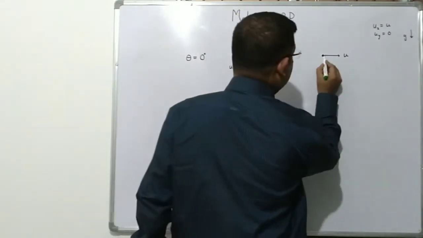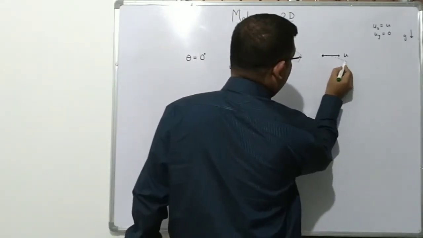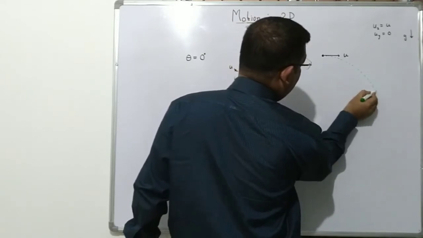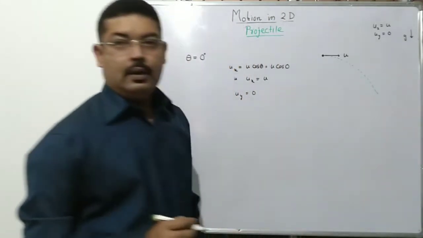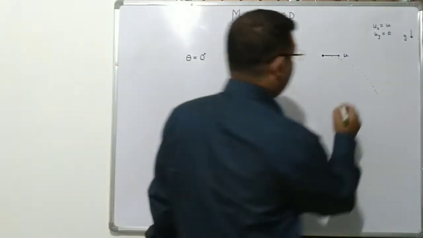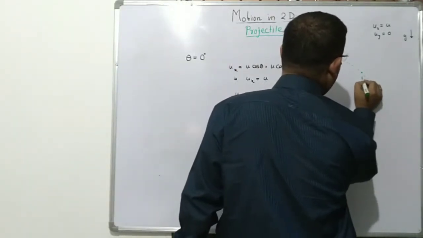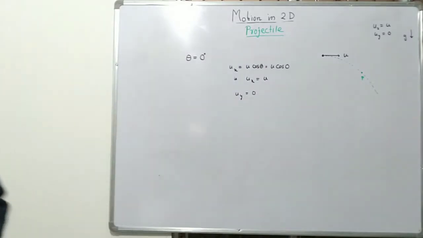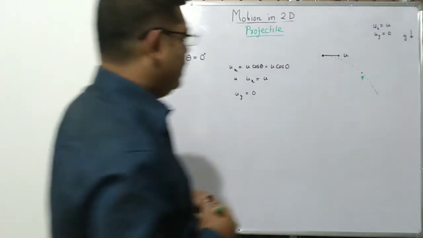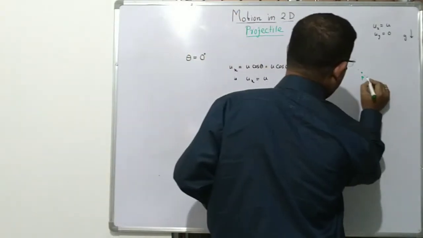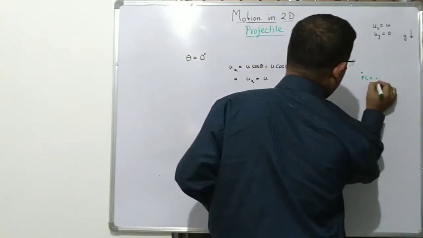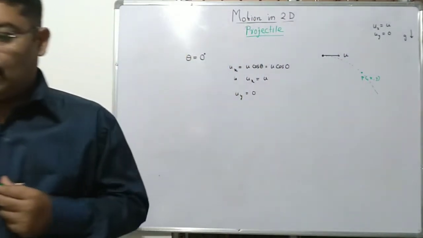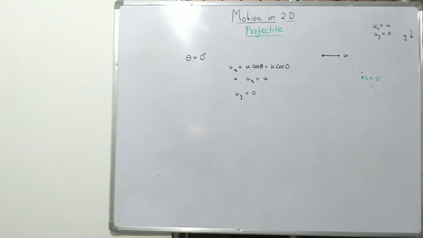It will move under gravity, and its downward velocity will keep on increasing, right? So at any point P during the flight, its position is given by x and y.